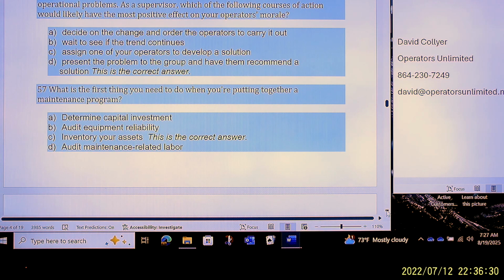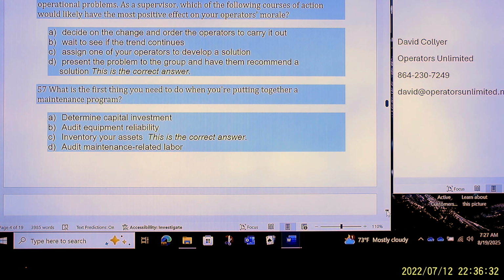56. Data analysis shows that a new trend has developed that may lead to future operational problems. As a supervisor, which of the following courses of action would likely have the most positive effect on your operators' morale? A, decide on the change and order the operators to carry it out.